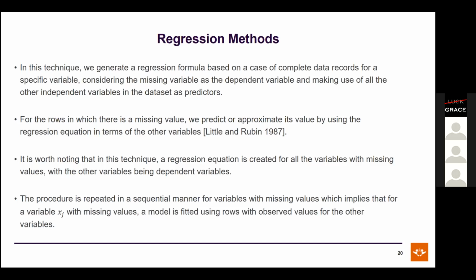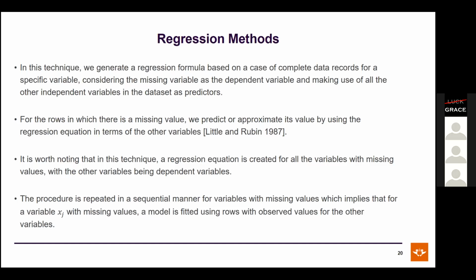So basically, regression methods say we generate a regression formula based on complete data records for a specific variable. Now, for the rows in which there is a missing value, we predict or approximate its value based on the regression equation, which depends on the currently available information in that record.